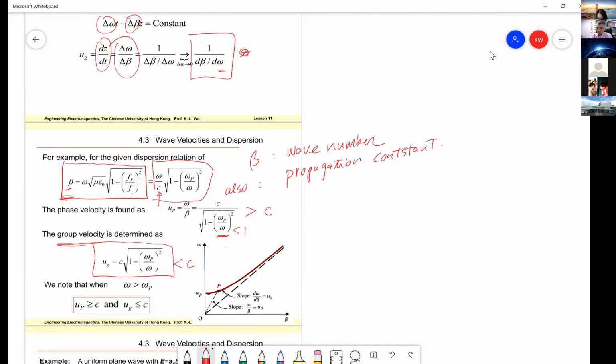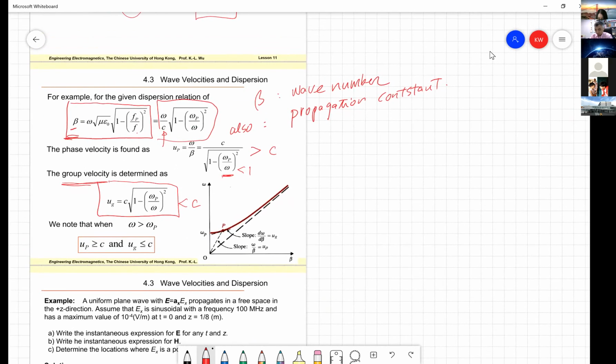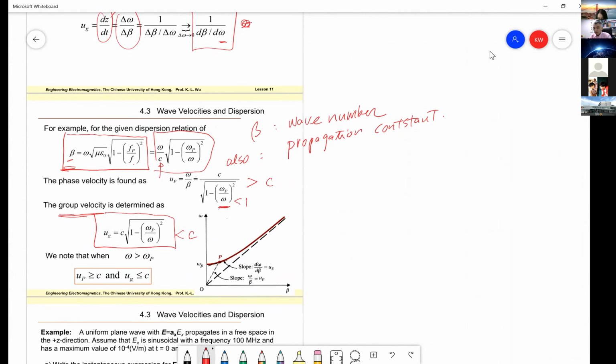So this is the way we look at plane waves. We look at how fast they propagate, either in terms of phase or in terms of group.